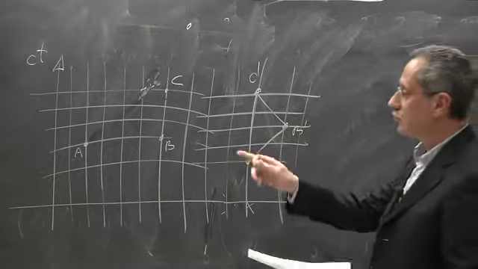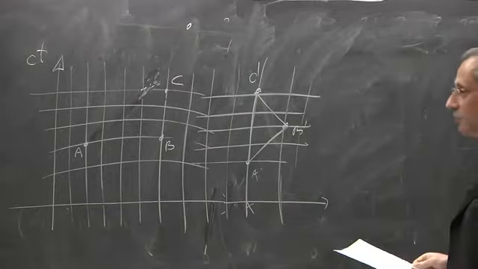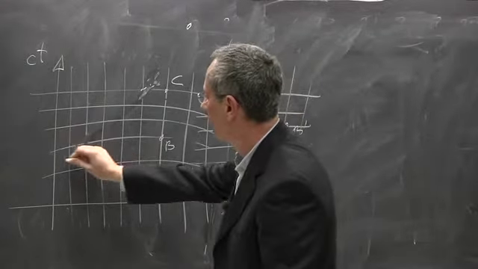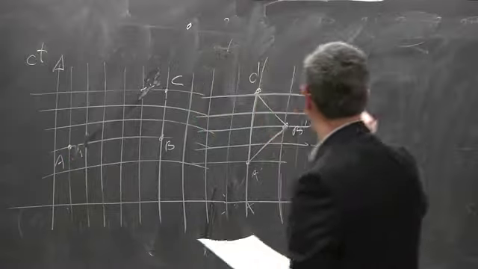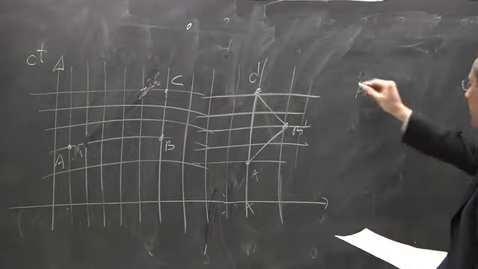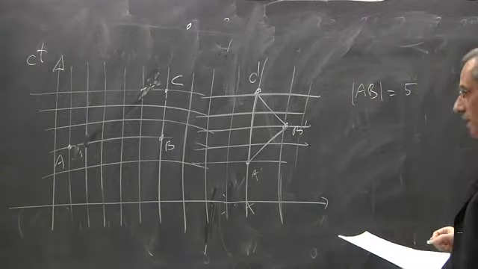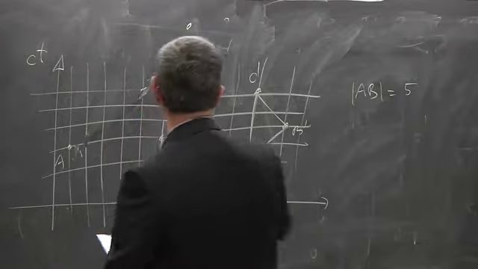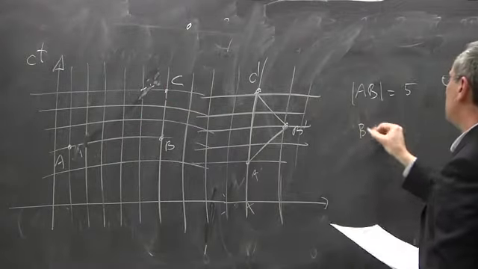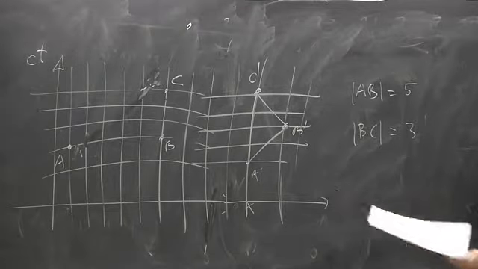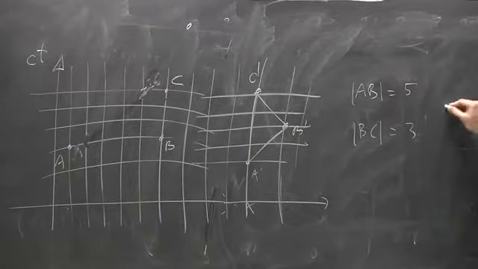Now, if you start measuring, you see it's a bit funny. So, 1, 2, 3, 4, well, I wanted 5, so the distance AB is 5 squares, right? And BC is 3. Now, how long is AC?